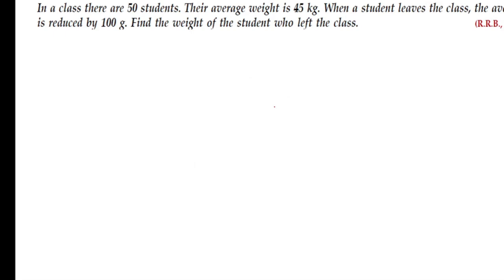This is one technique. And if you go to the next problem, there are 50 students in a class and their average weight is 45. So 50 students, average weight is 45. When a student leaves, and one person is left out of the class, the average is reduced by 100 grams.